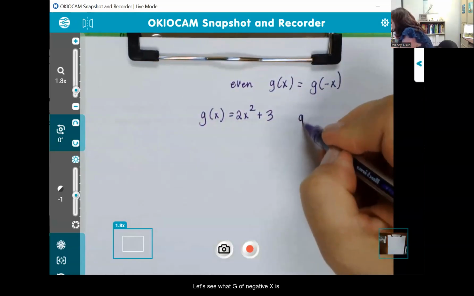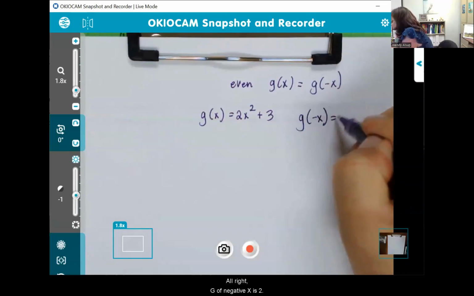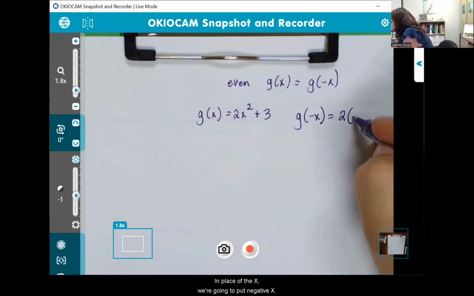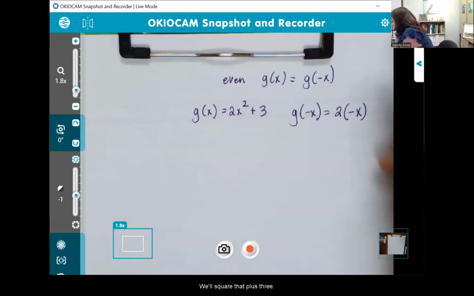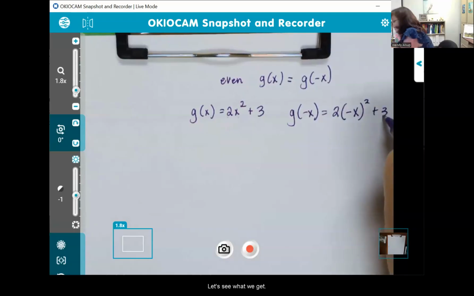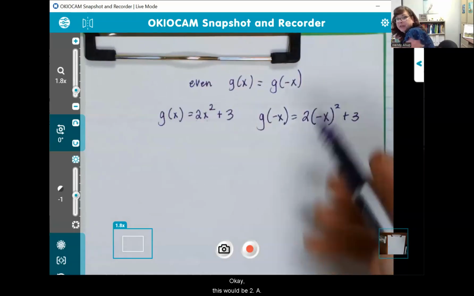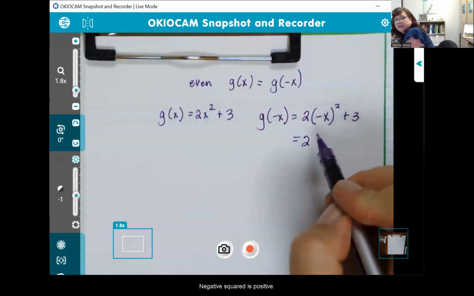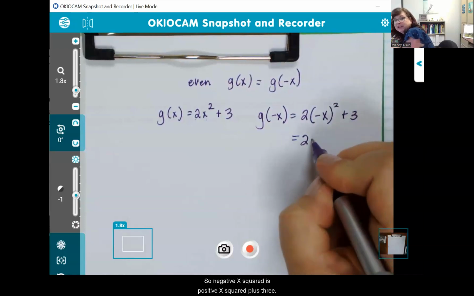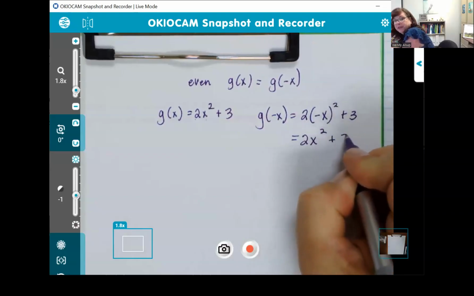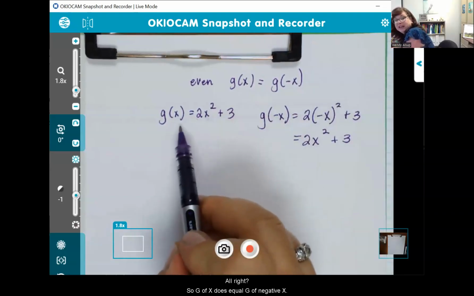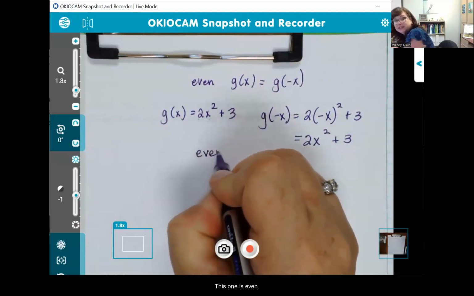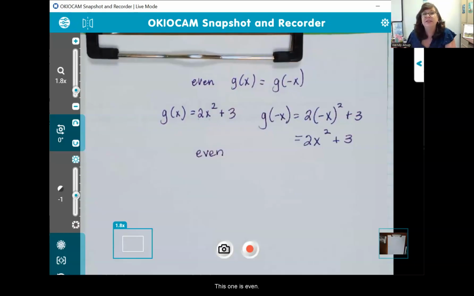Let's see what g of negative x is. g of negative x is 2 times, in place of the x, we put negative x, squared, plus 3. A negative squared is positive, so negative x squared is positive x squared, plus 3. So g of x does equal g of negative x. This one is even.